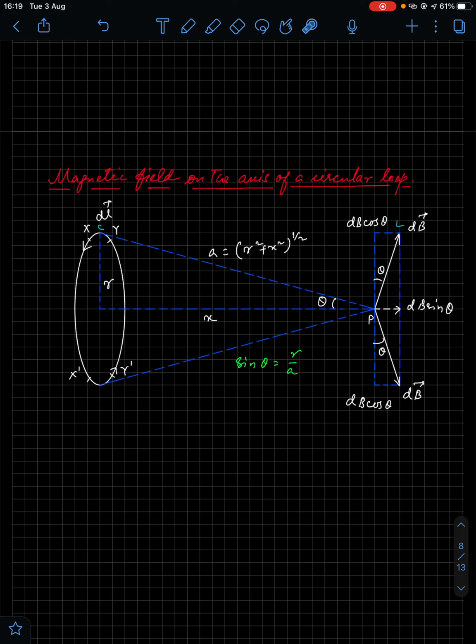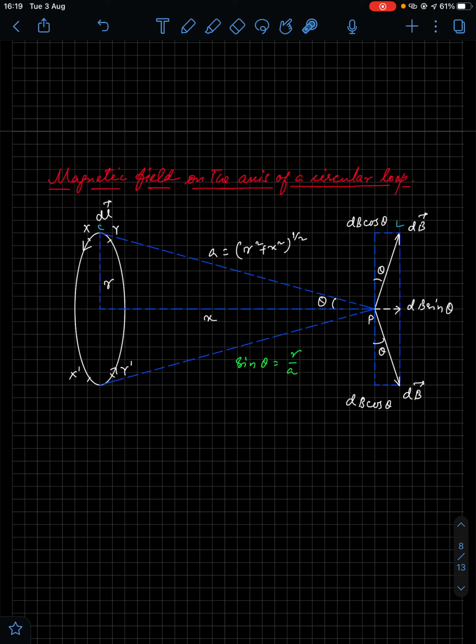Okay, so here you apply the right hand thumb rule to understand this. Magnetic field due to XY is dB this, and due to X prime Y prime is this dB. Now if this dB is making angle theta with the vertical, then you can split this dB vector into components dB cos theta and dB sin theta.